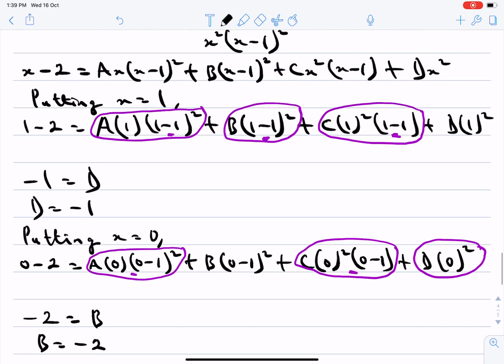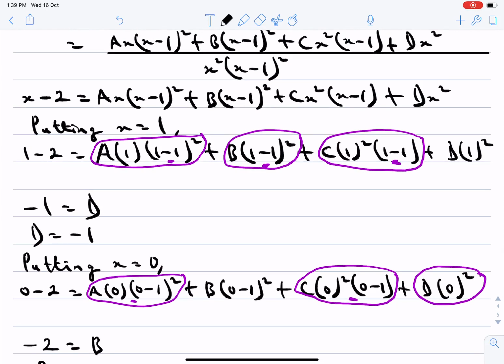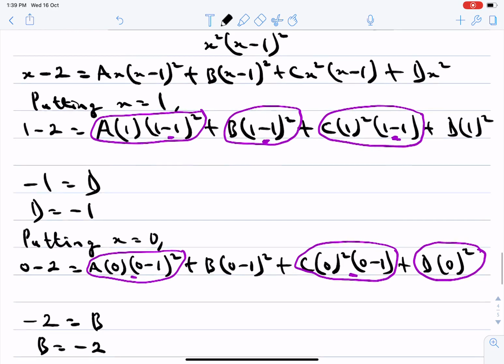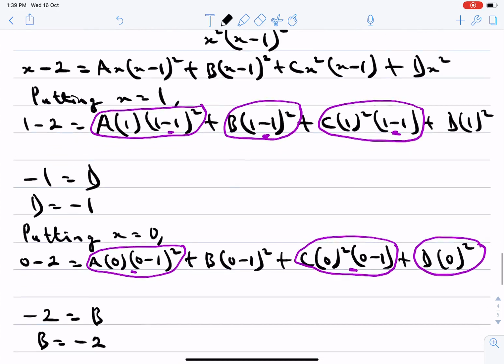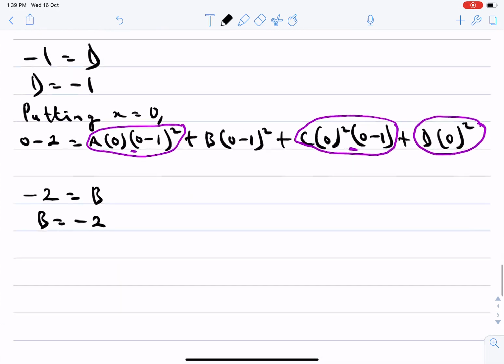What else can we substitute for x to get another constant? We put 1, we put 0. Now let's put minus 1. Putting x equals minus 1.